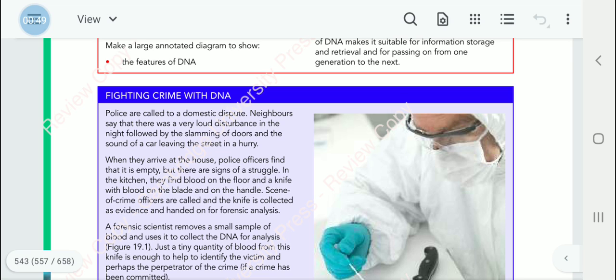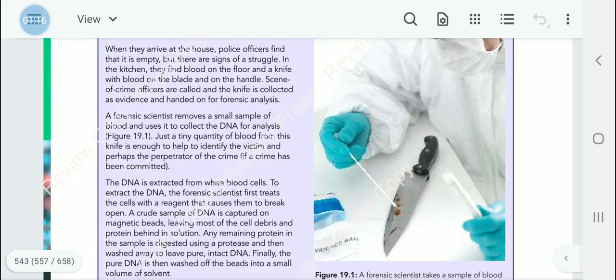We take a sample of DNA from that and compare it with the person. Then we will be able to figure out if that person has been there, or if someone has murdered somebody. Then to identify blood. Then of course, to identify whether a certain person is the son or the daughter of a man or woman is also something that we can do with DNA technology.